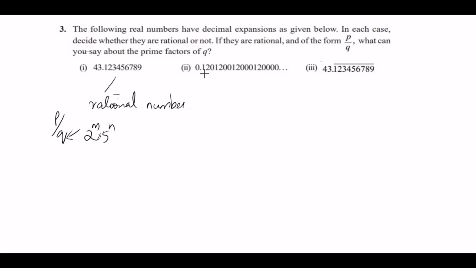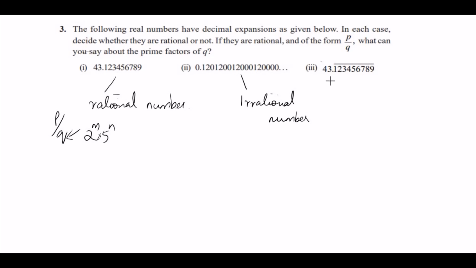And if you check the numbers after the decimal, it does not repeat. That is, there are different numbers. That means it is non-terminating and non-recurring decimal expansion. We know that only irrational numbers will have non-terminating and non-recurring decimal expansions. So this is an irrational number.